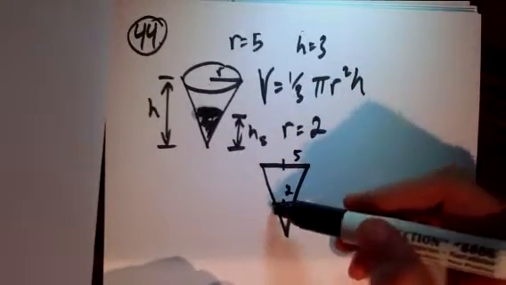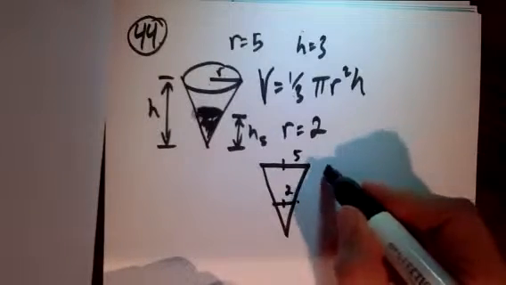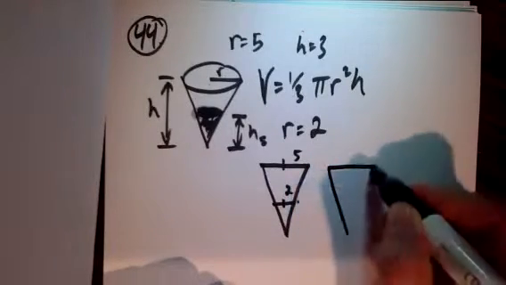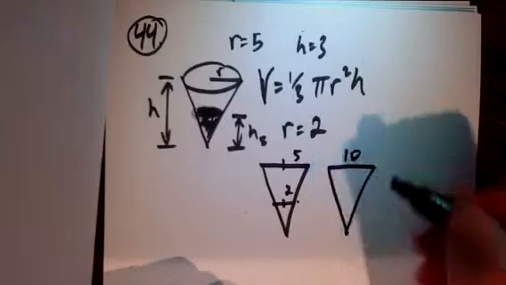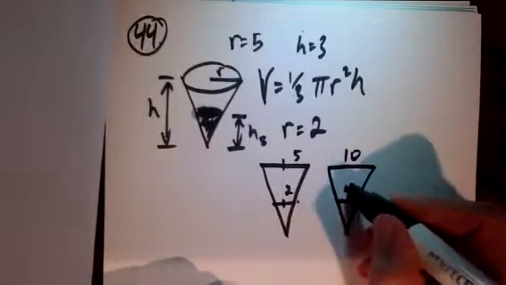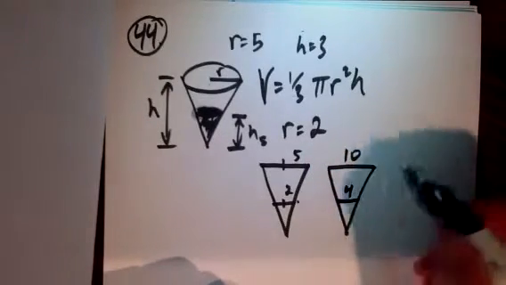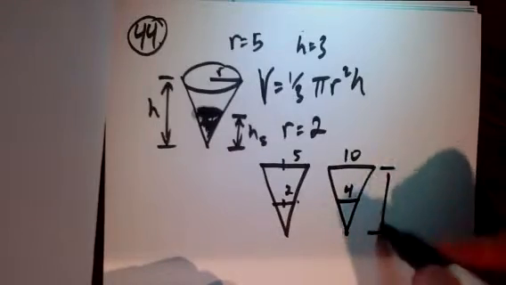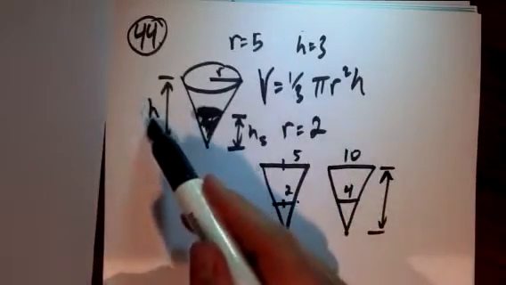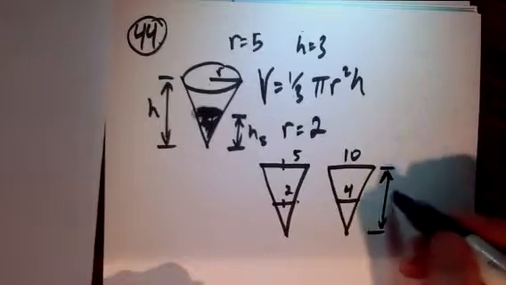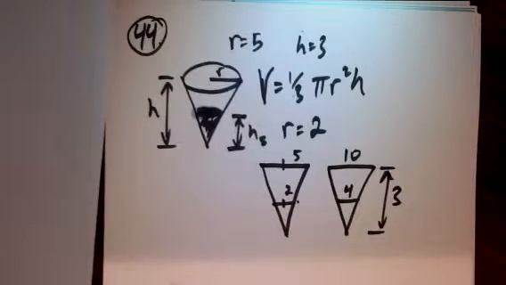Or in other words, you have a triangle with base 10, and this other part here is 4. Now you know that the overall height, h, is 3. It's not drawn to scale.